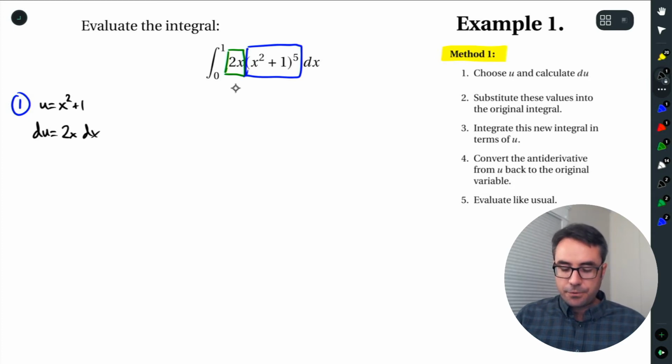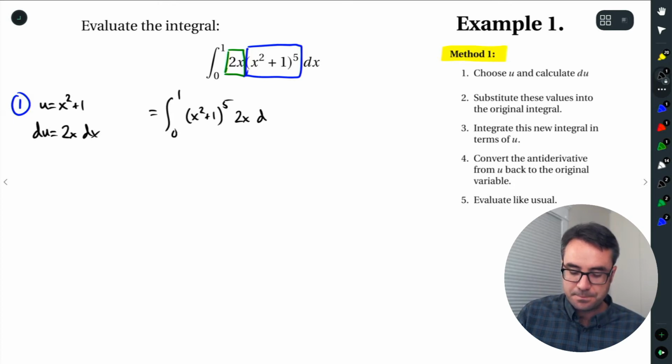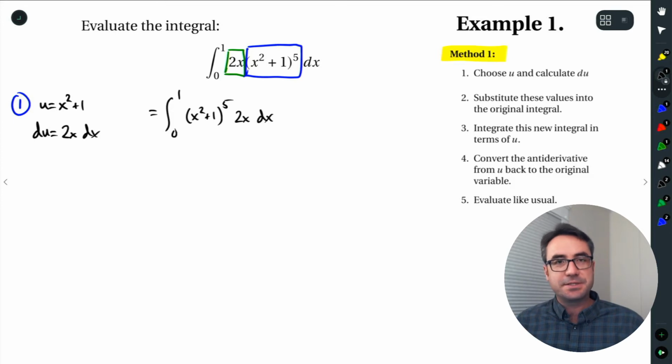Now we go back to this definite integral, and what we want to look at is this smaller piece, the 2x. It's not absolutely necessary, but it can be helpful to move that term next to the differential. If you're having some difficulty, it helps.